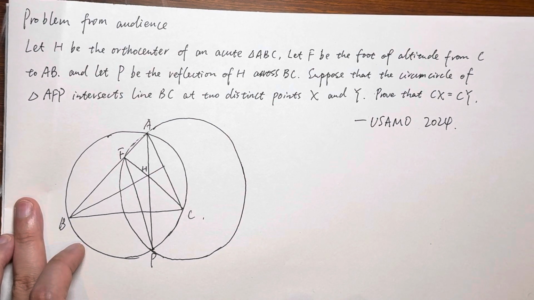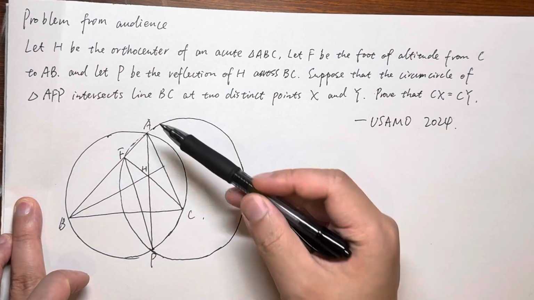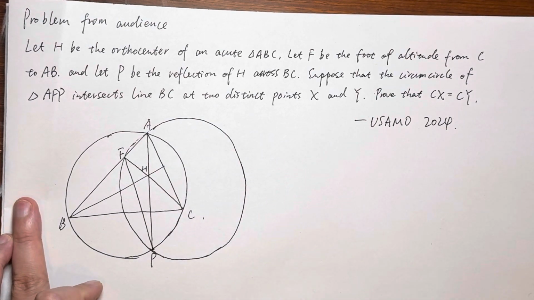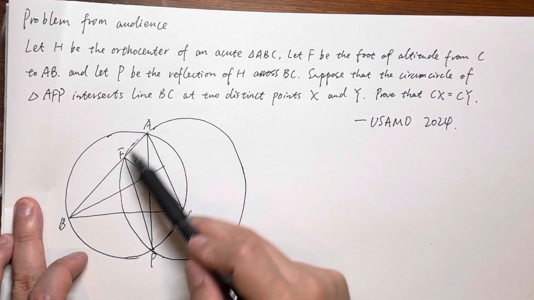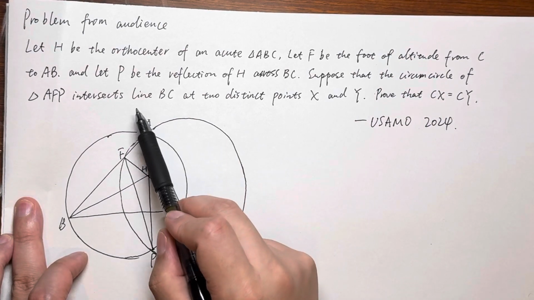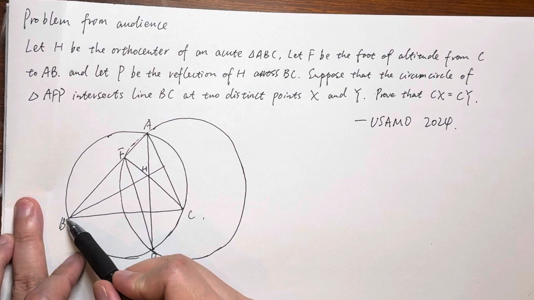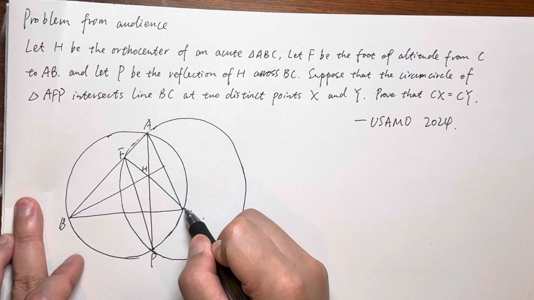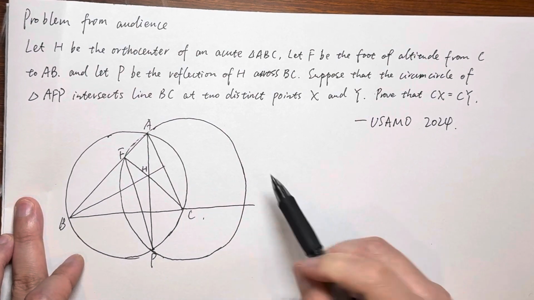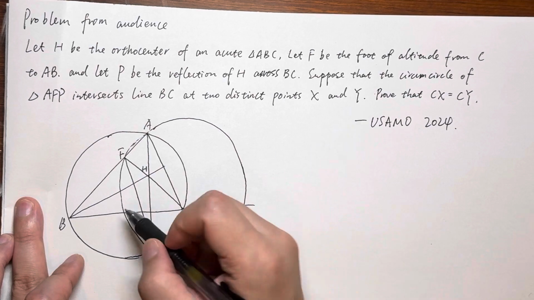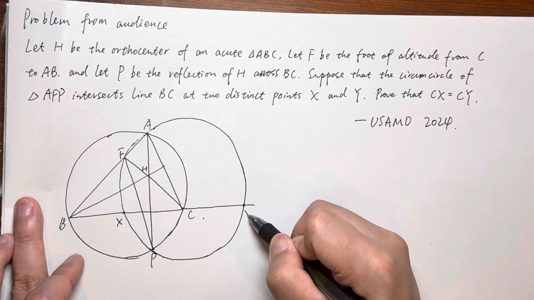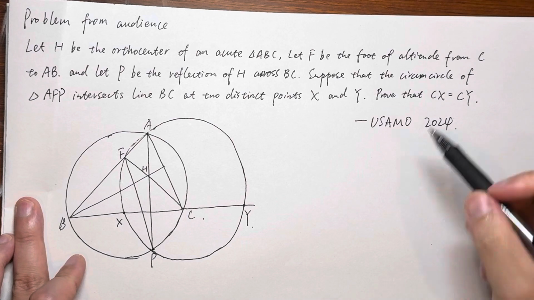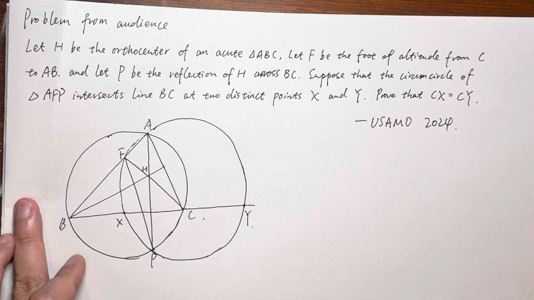Okay, now we have our circumcircle of triangle AFP, and we know that this circumcircle intersects line BC at two distinct points, X and Y. So let's call this X and this Y. Then we want to prove that CX equals CY.